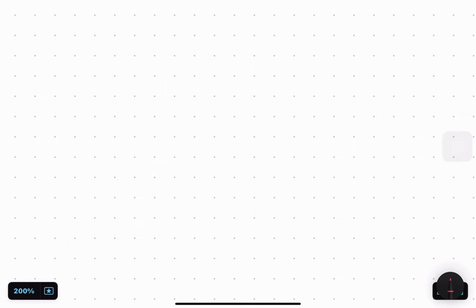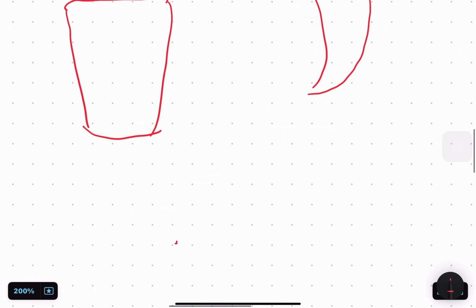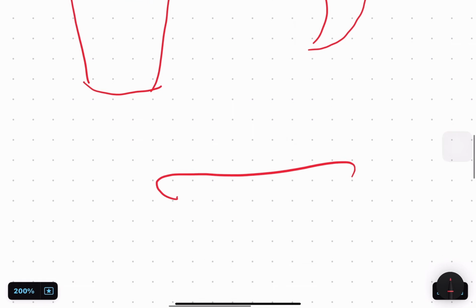Before that, let me draw this. It's the pelvis. It's the sacrum. Okay. This is the first thing which you need to remember. Then think of it as the ischial spine.